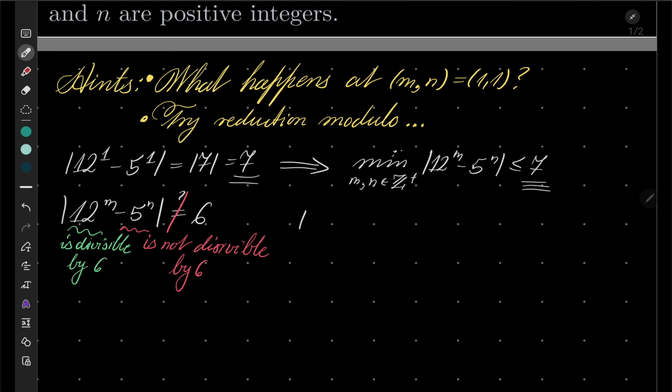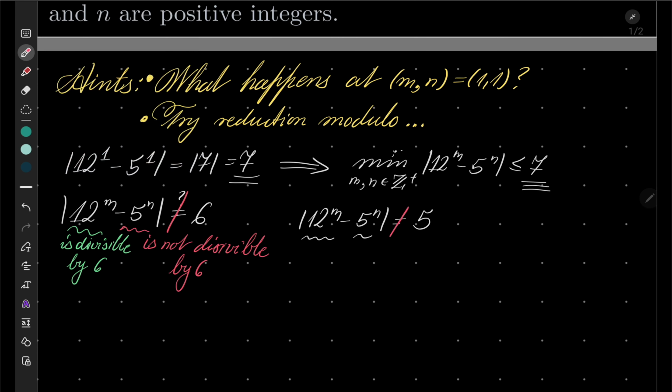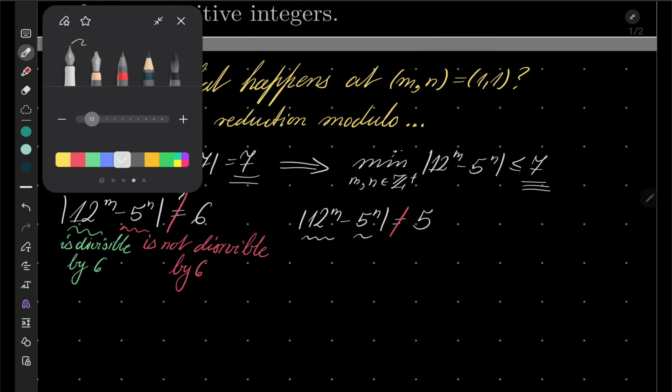Second question, is it possible that this equals 5? No, it isn't. Why? Because again, similar reasoning. 12 to the power of m is not divisible by 5, but 5 to the power of n is. So the left hand side isn't divisible by 5, and 5 itself is. Okay, what about 4?